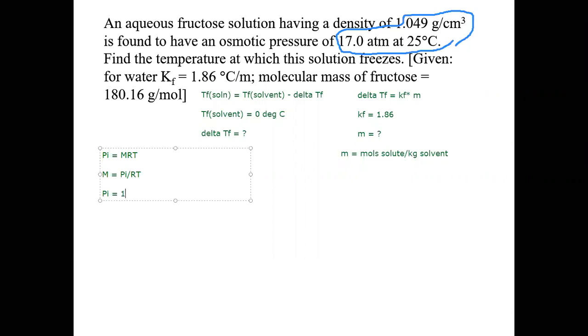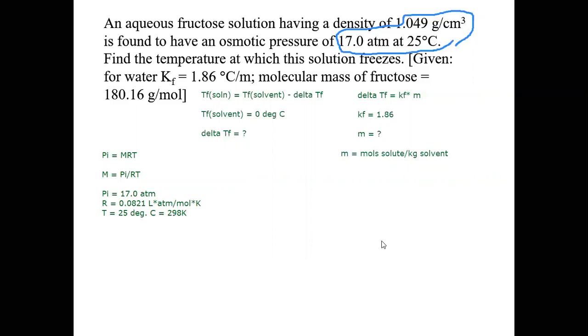The answer is yes, it's 17.0 atmospheres, and it's already in atmospheres, that's good. We know R, 0.0821 liter atmosphere per mole Kelvin, and the temperature is 25 degrees C, and it's 298 Kelvin. So we have all the ingredients to solve for the molarity.